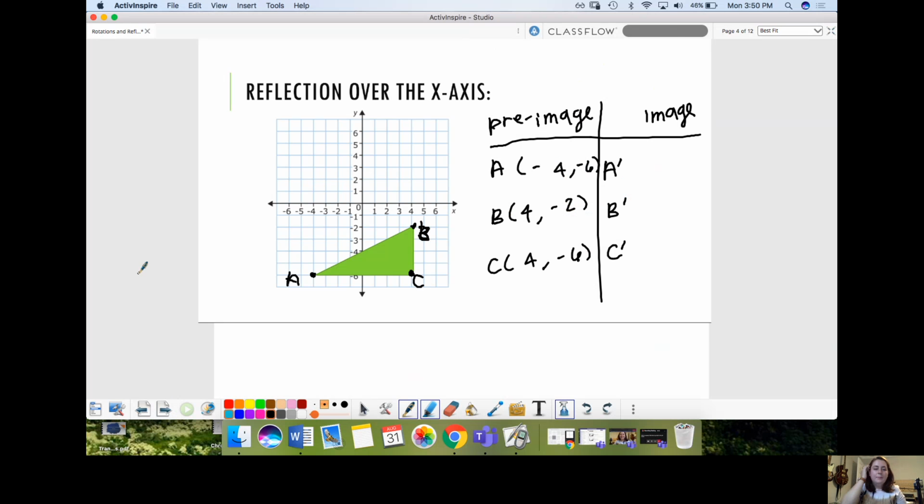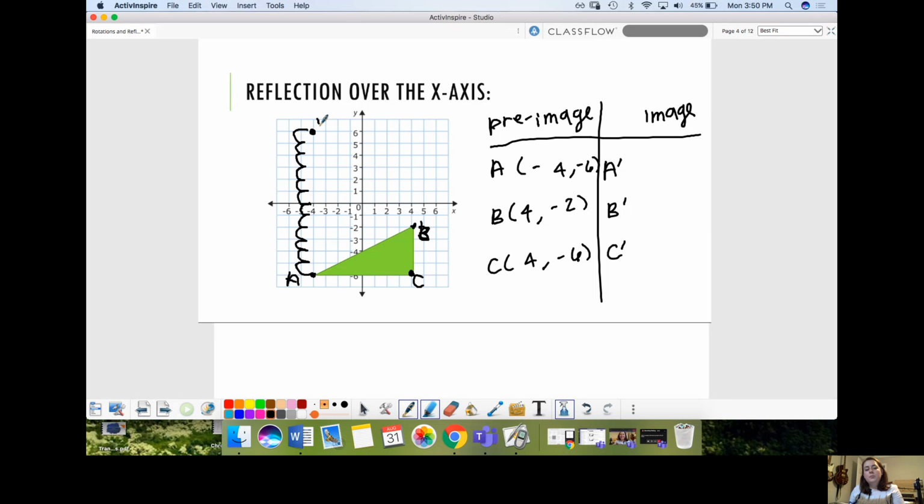So let's try an example. So we're trying to reflect this triangle ABC over the x-axis, which is this line right here. And so let's think about that distance from the line of reflection. So A is 1, 2, 3, 4, 5, 6 blocks from the line of reflection. So we know that our A prime, or our new point, also needs to be 1, 2, 3, 4, 5, 6 away.